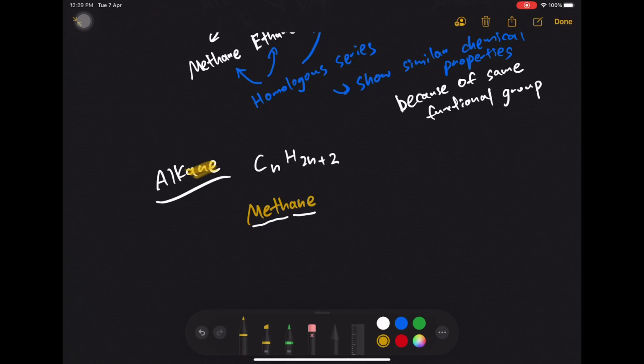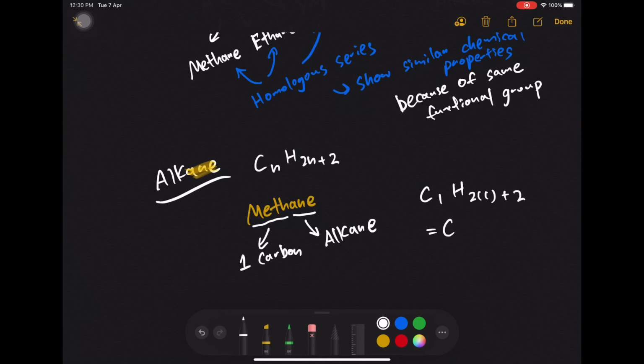This shows you that it's an alkane, and the one in front shows you that it contains one carbon. So that is why when we sub in one carbon, we have CnH2n+2 with n=1, and you'll get CH4, and this is your methane. I'm going to go on to the next one.